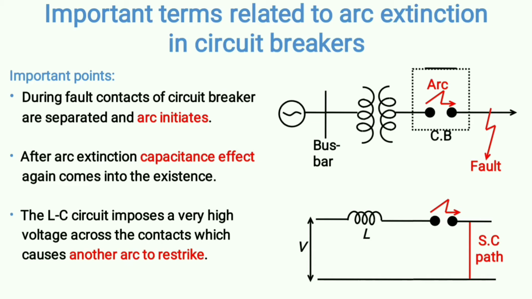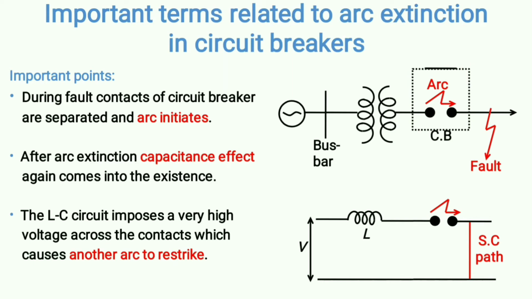See here the first point: during fault, contacts of the circuit breaker are separated and arc initiates, as I have already said. After arc extinction, the capacitance effect again comes into existence. Now see, as I have said in the natural zero method, for that very instant the arc will be zero.